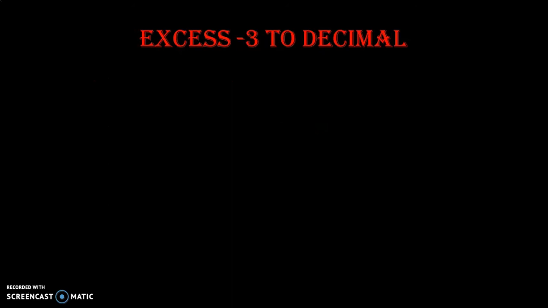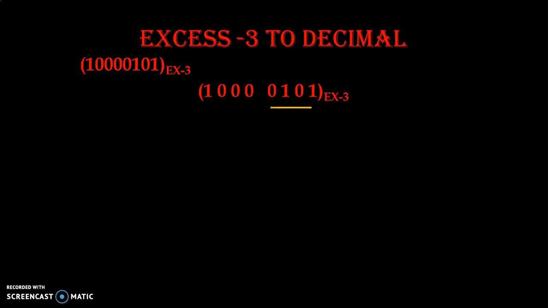Now let us convert one excess 3 number. One number is given. We have a total of 8 bits, so we can prepare 2 different groups. The first group is 0101. The second group is 1000. Now we have to convert each into an equivalent decimal number.